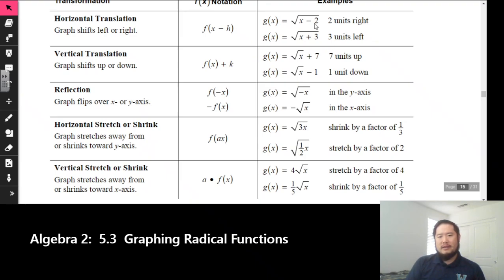If it's inside the radical, then you can see that it shifts left and right. With x minus 2, it shifts it to the right. It's going to be the opposite, right? Because if you take x minus 2 and set that equal to 0, you'll get a +2, which is to the right on the number line.